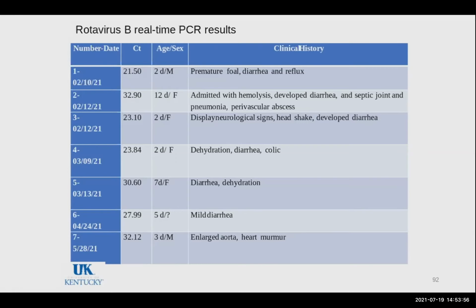And the clinical history, again, almost always includes diarrhea or dehydration or colic, confirming that there is a rotavirus association with these cases.